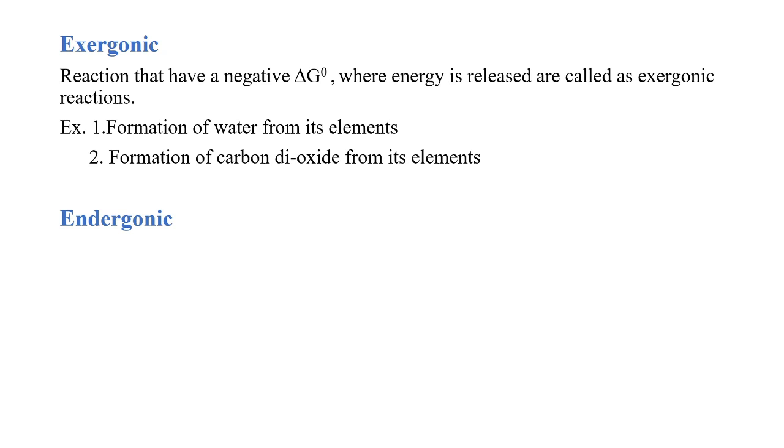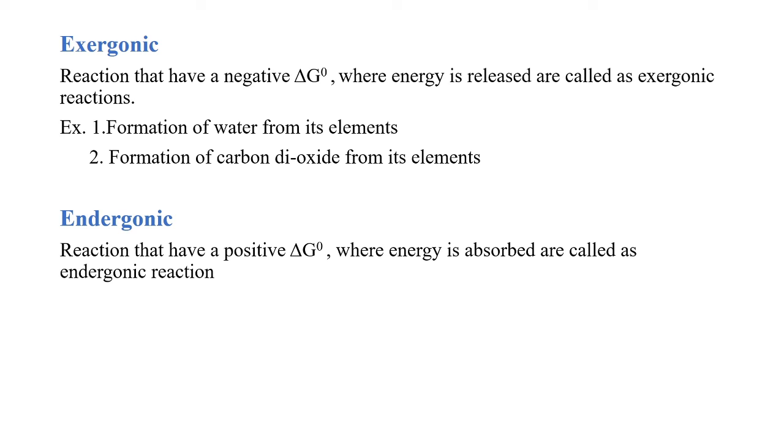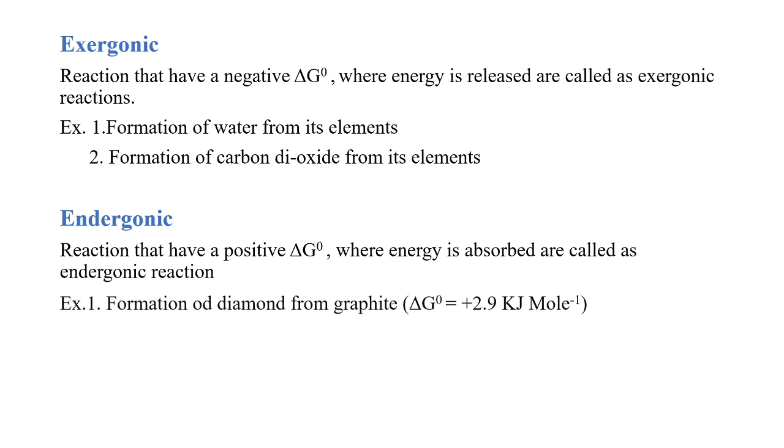Now, next one is endergonic reaction. The reactions that have positive delta G naught, where energy is absorbed, are called as endergonic reaction. Let us see example. Formation of diamond from graphite is the example of endergonic reaction.